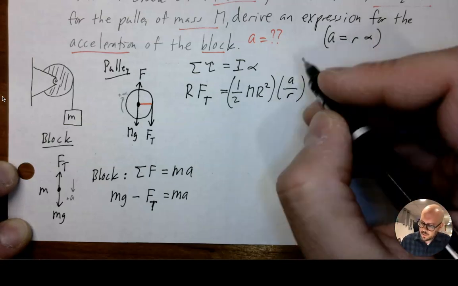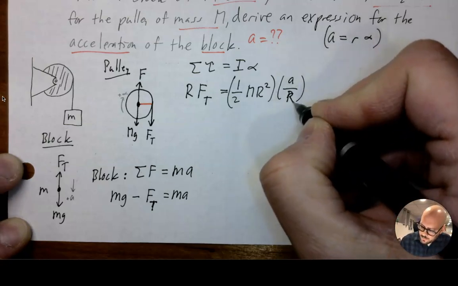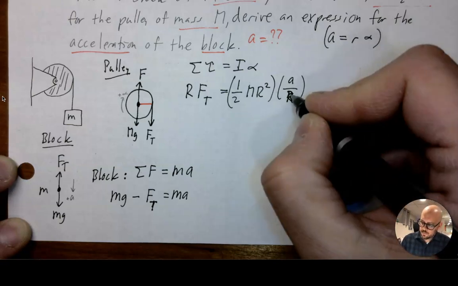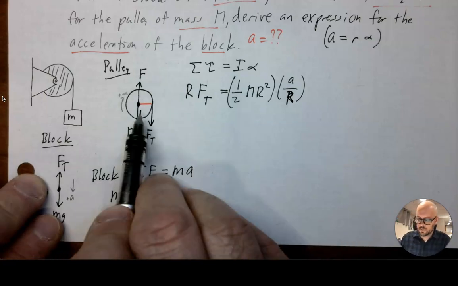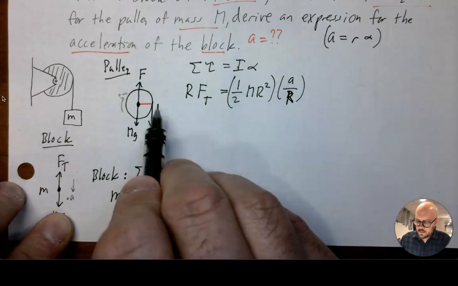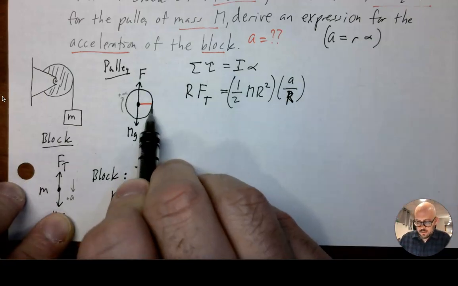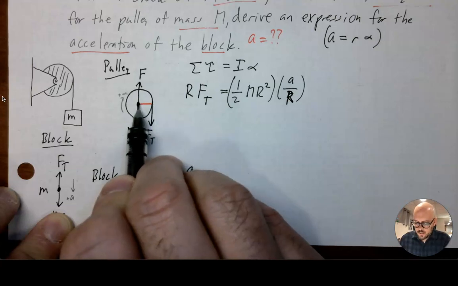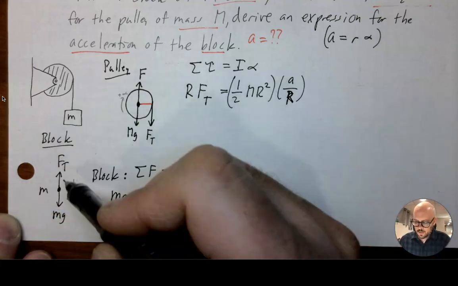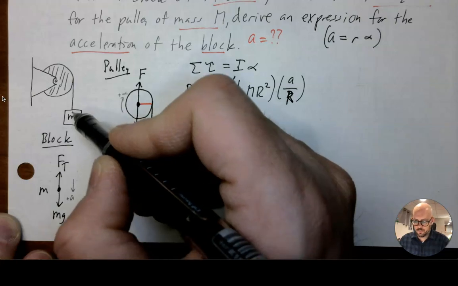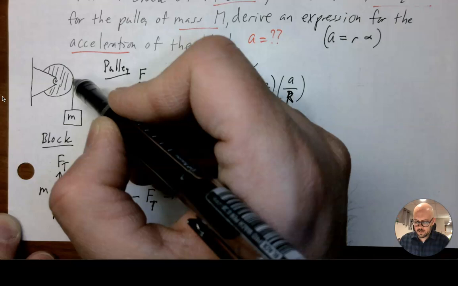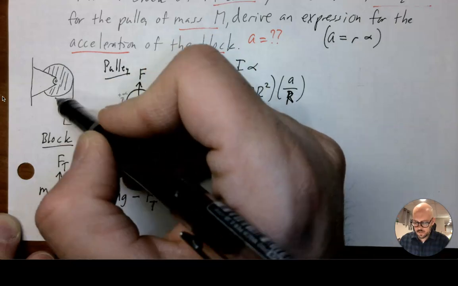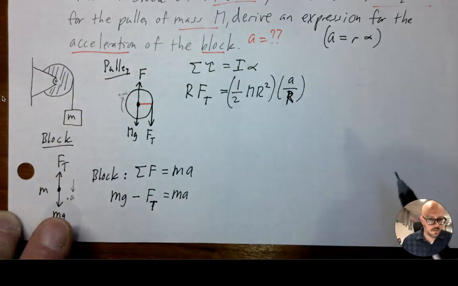by r. That r is going to be a capital R, because the distance, and this is another confusing part, the distance at which the block essentially is from the pulley is equal to the radius. If you continue up the block, the string goes up to the pulley, and the string is always going to be a distance r away from the axis of the pulley.